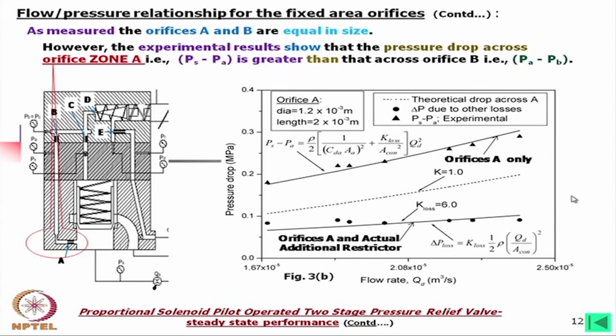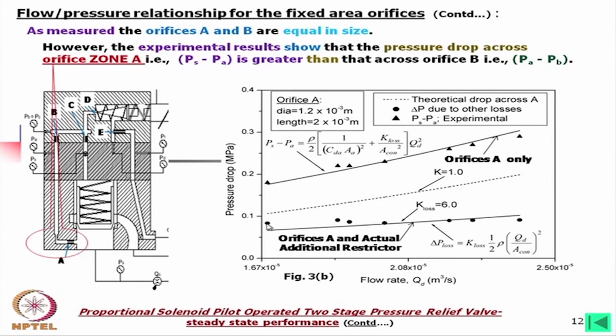Now, if we put orifice A only, then this will be the same as this, whereas orifice A and the additional restrictor was showing like this.